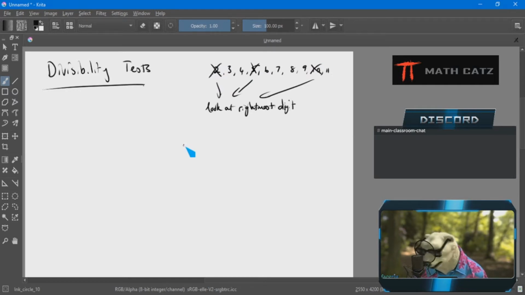And as we progress through this list, the requirements or the test will become a little bit more complicated, and so will the reason for why this test works. You can easily explain by way of an example and convince someone why 2, 5, and 10 have their tests the way they do.